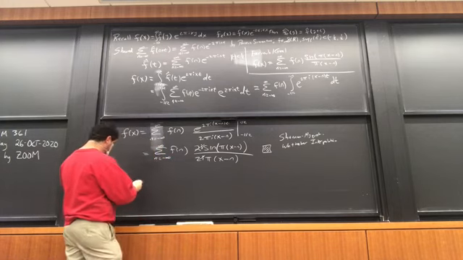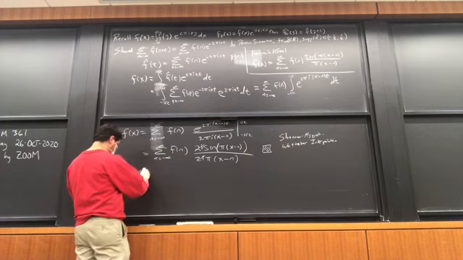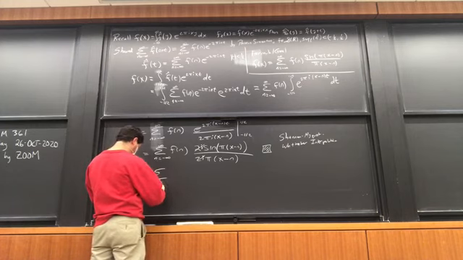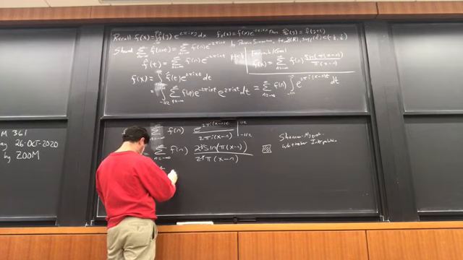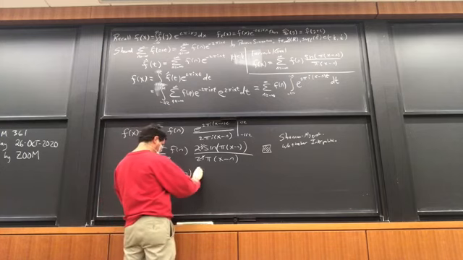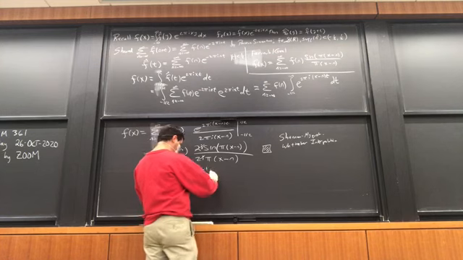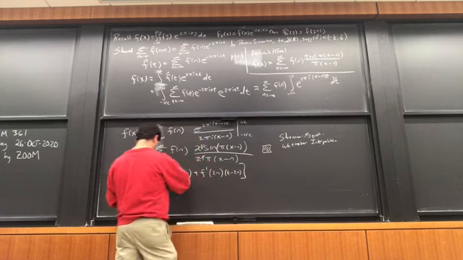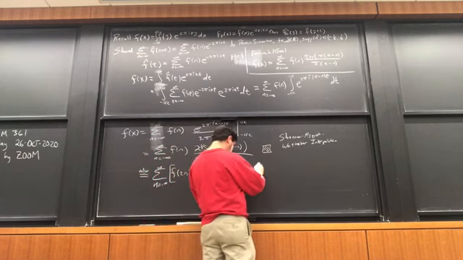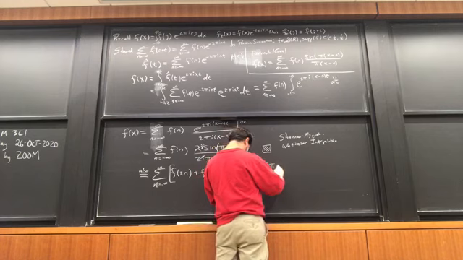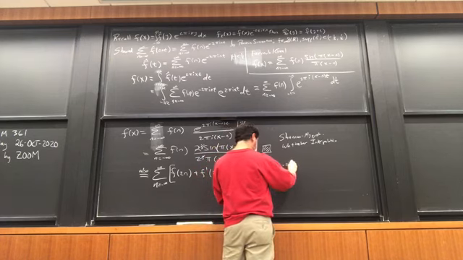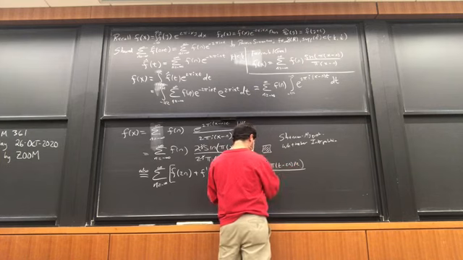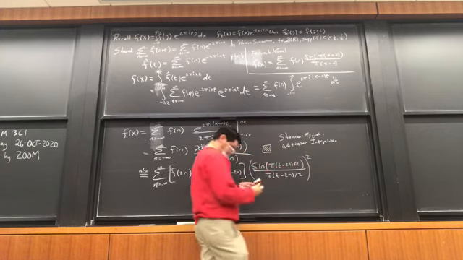And so the more involved one is it is also equal to the sum, n goes from minus infinity to infinity, of f of 2n plus f prime of 2n times t minus 2n, times the following: sine of pi times (t minus 2n) over 2, divided by pi times (t minus 2n) over 2, squared.